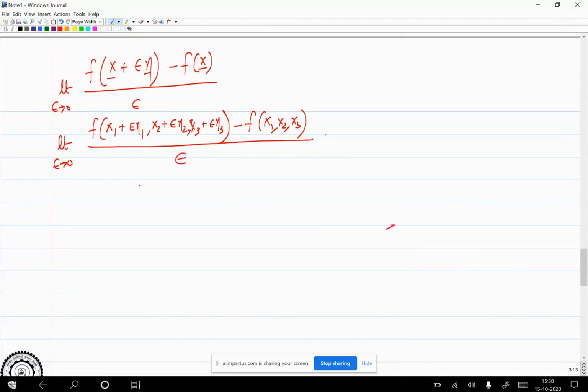And so I can also write this as limit epsilon tending to 0.